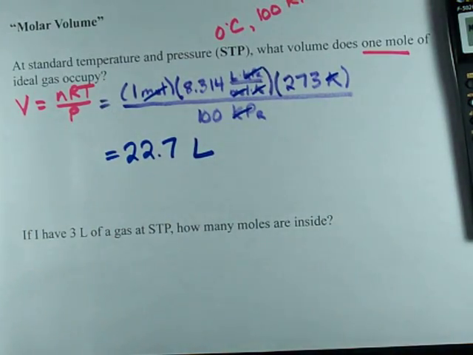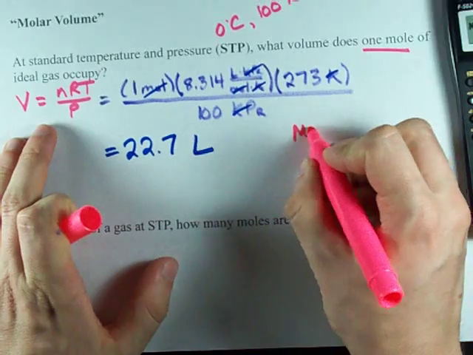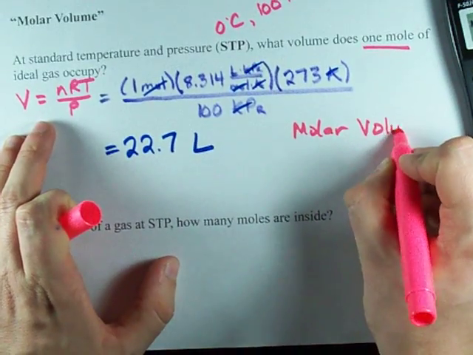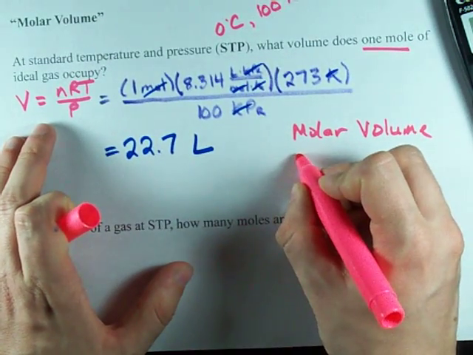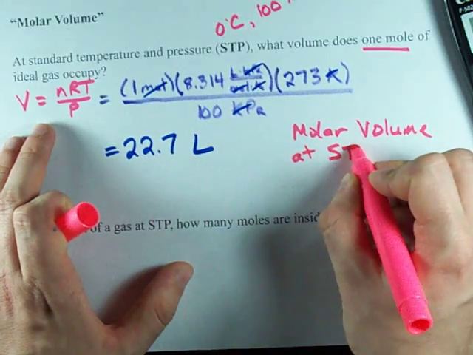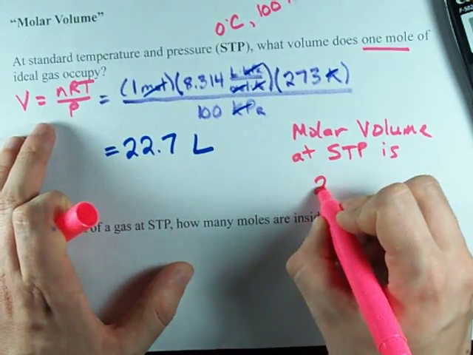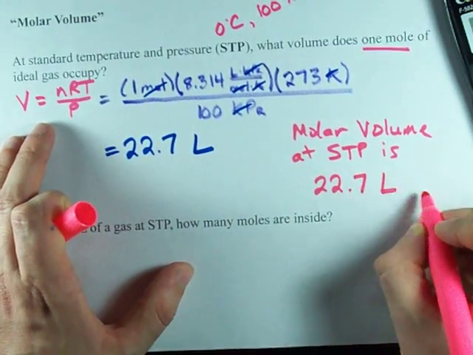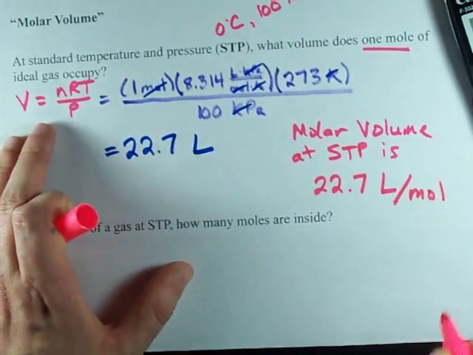Now, what that means is that we say the molar volume at STP is 22.7 liters per mole.